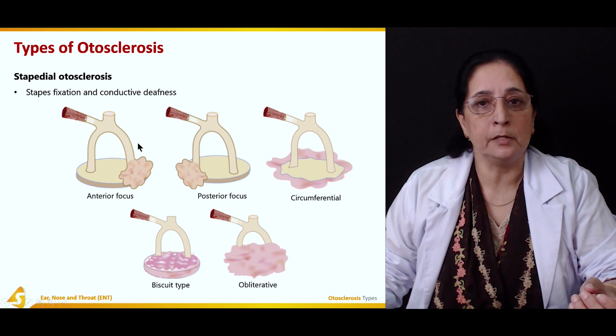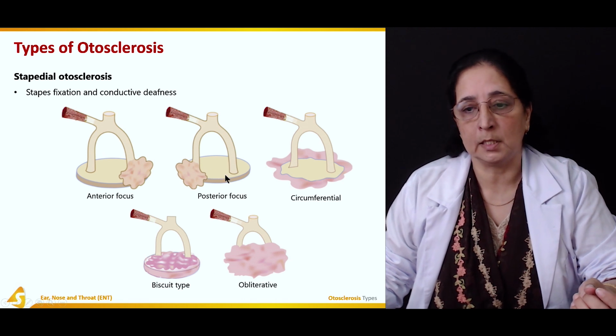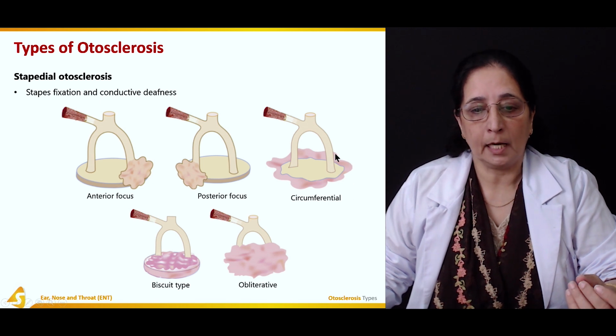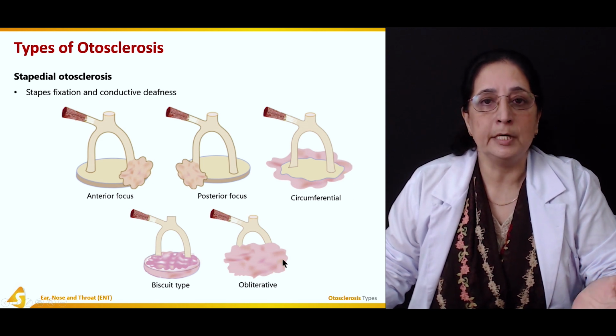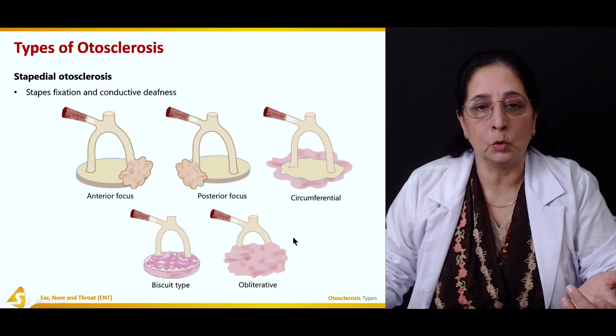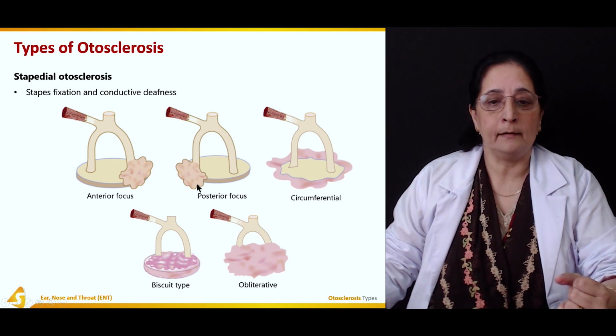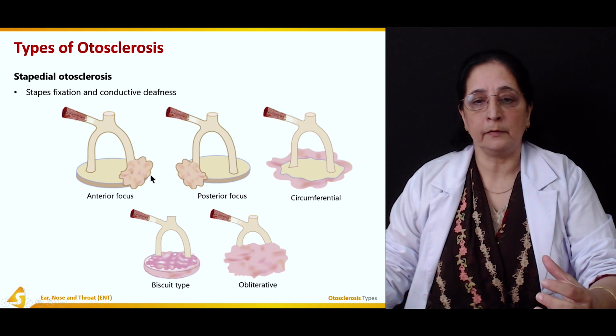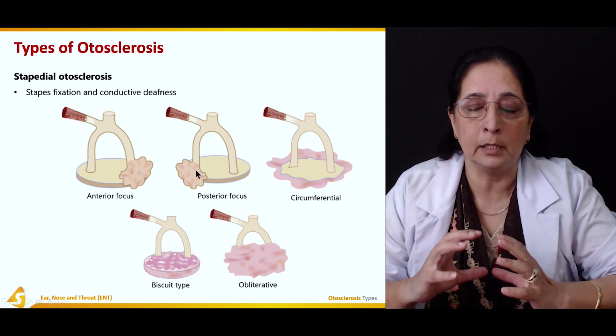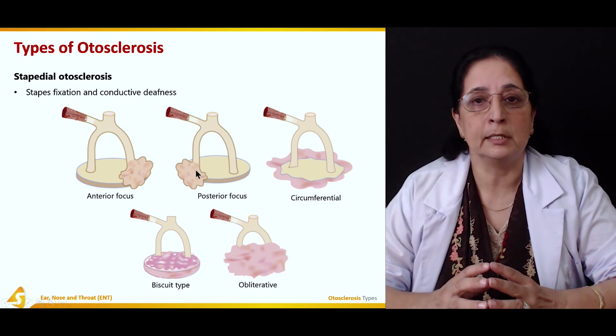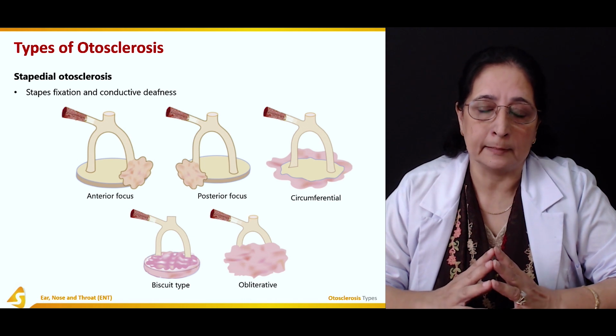So it's anterior focus, posterior focus, circumferential, biscuit type, and then we have the obliterative type of otosclerosis. And there is fixation because of this bony growth on the stapes.